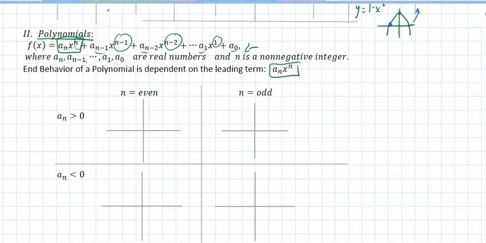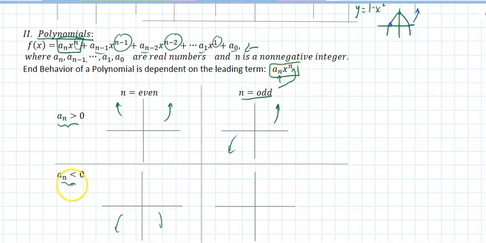The reason for that is the end behavior of a polynomial. If n is even and the leading coefficient is positive, the end behavior will look like this. And if it is negative, it would look like this. Versus, if this highest power is odd, the graph would look like this.